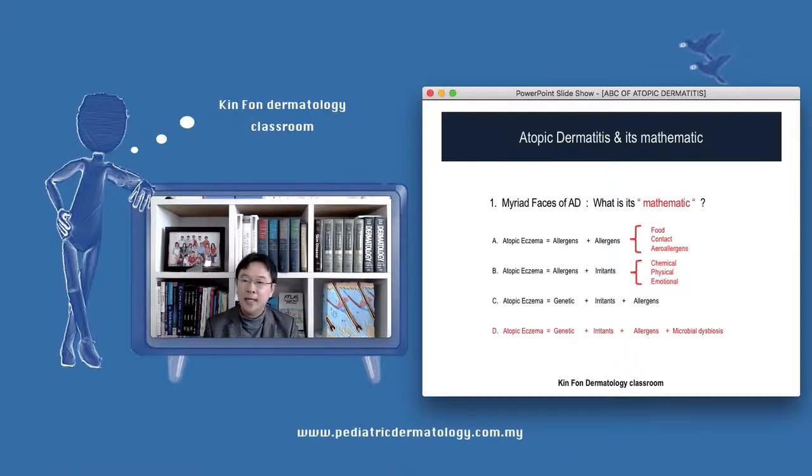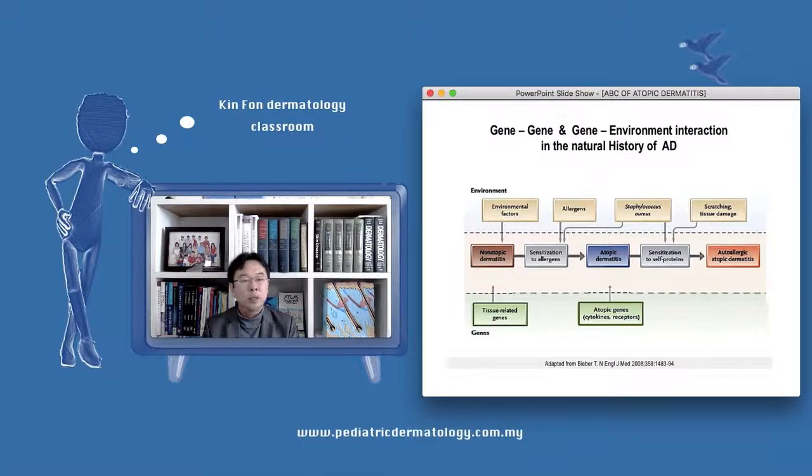In fact, studies have shown that if you allow the disease to go beyond certain point, the autoallergy or autoimmunity will start to establish. This is the model postulated by Professor Thomas Bieber. According to this model, in the early stage of atopic eczema, most of them have negative IgE.